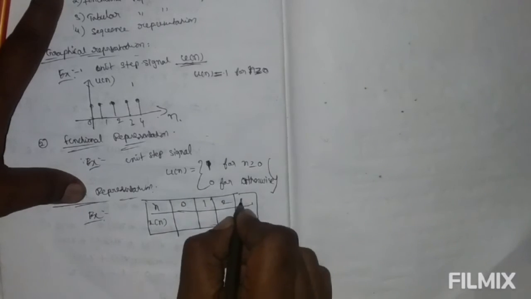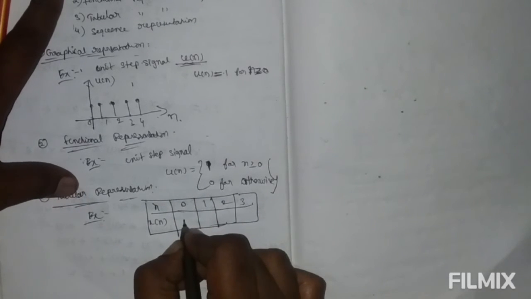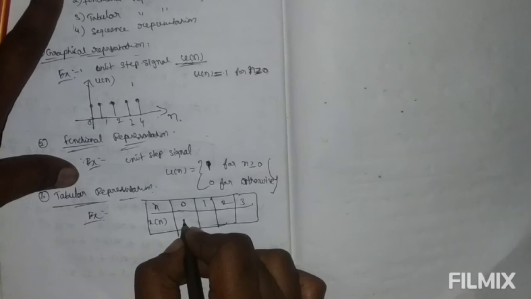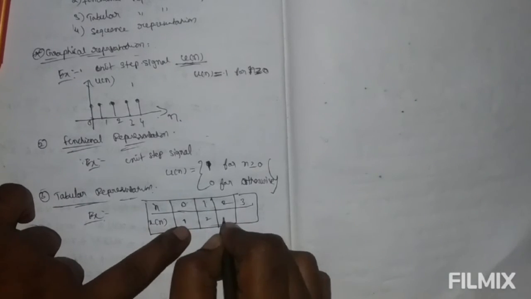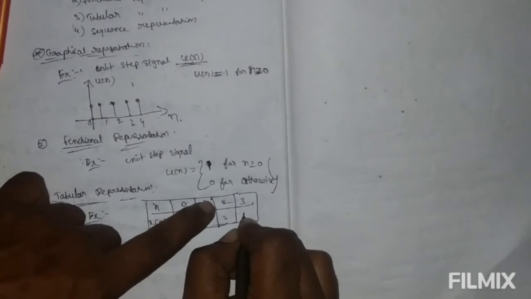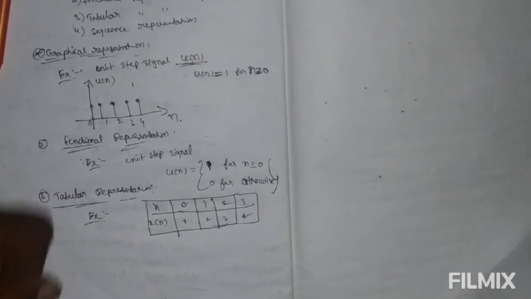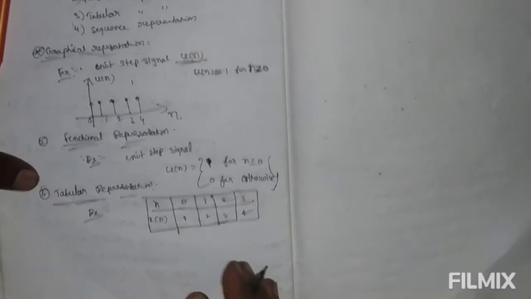Zero, 1, 2, 3 and so on. We take some x of n values: 1, 1, 2, 3, 10, 3, 4. This is a tabular representation.